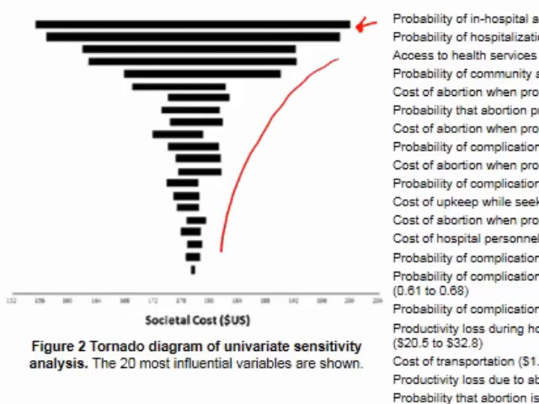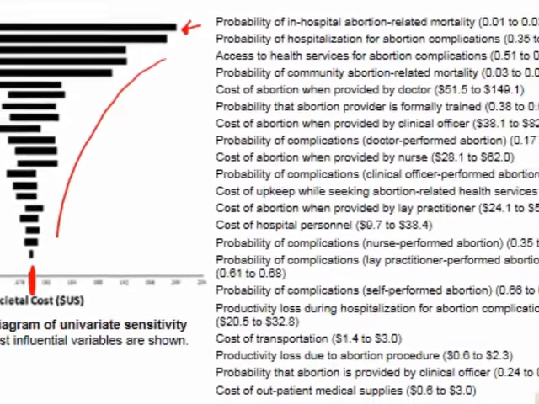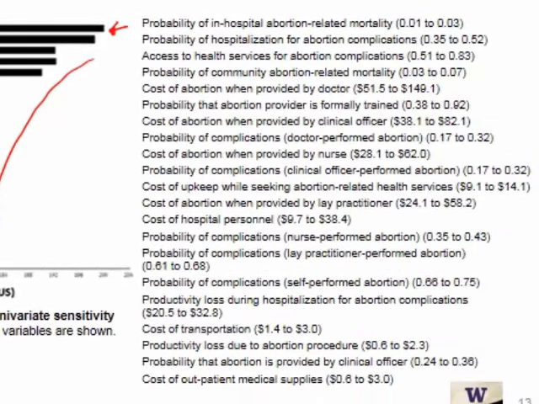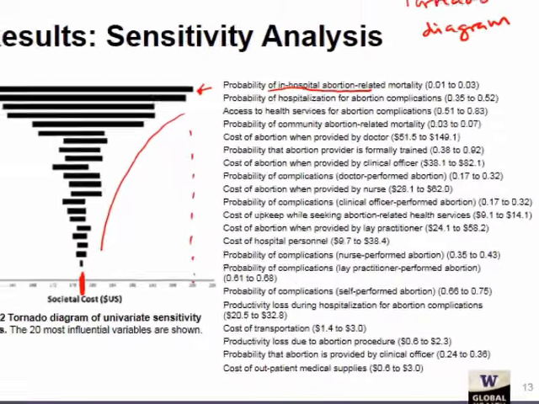So here is the societal cost. This is the base case societal cost of induced abortion, around $177. Changing the probability of in-hospital abortion-related mortality was the most sensitive parameter, because changing it could change the answer between $200 and $156.